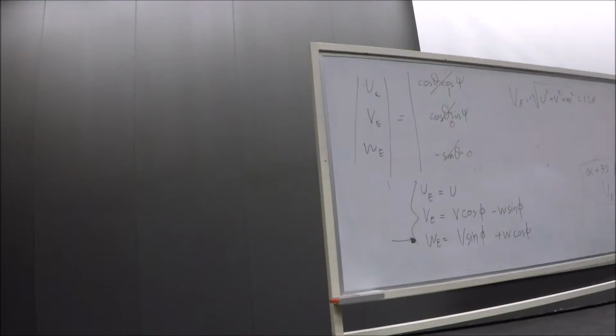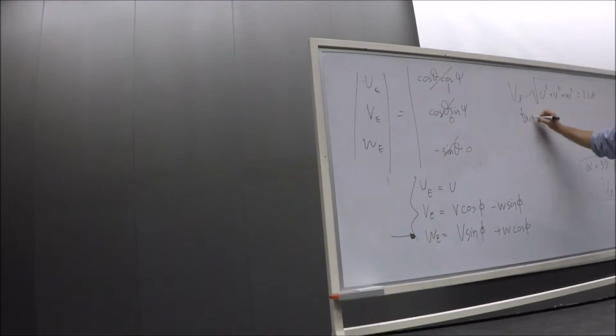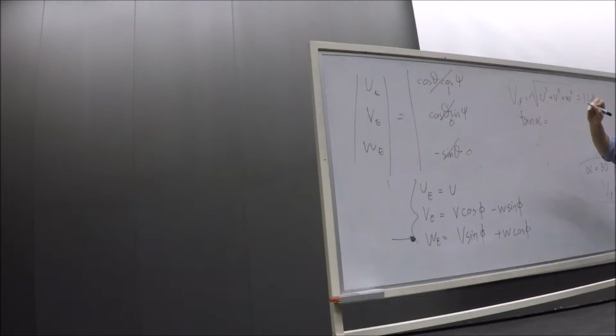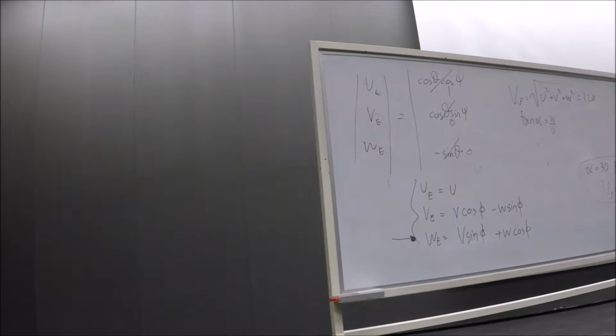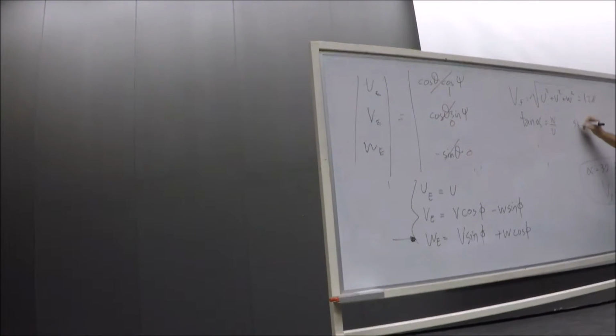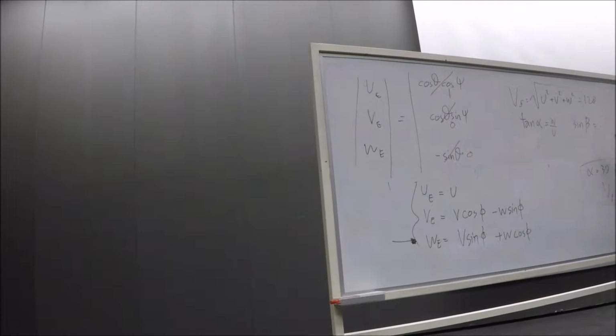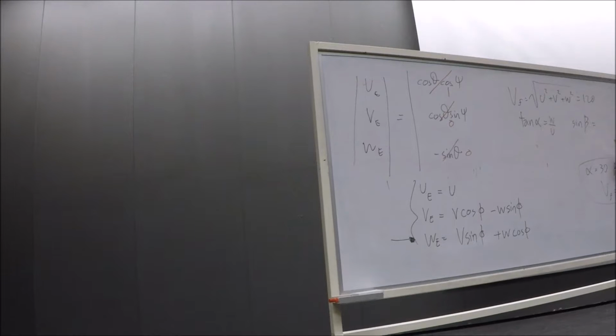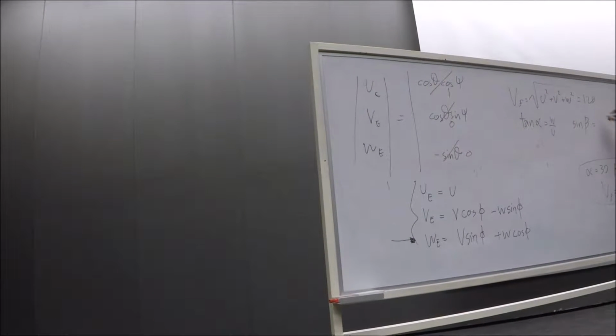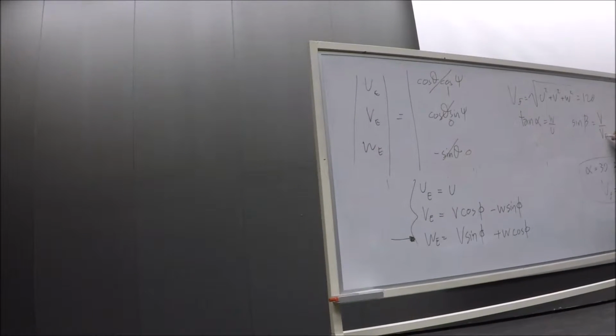Then we have the angle of attack, which is equal to W divided by U. And then we have the side slip angle, which is defined as V over the airspeed.